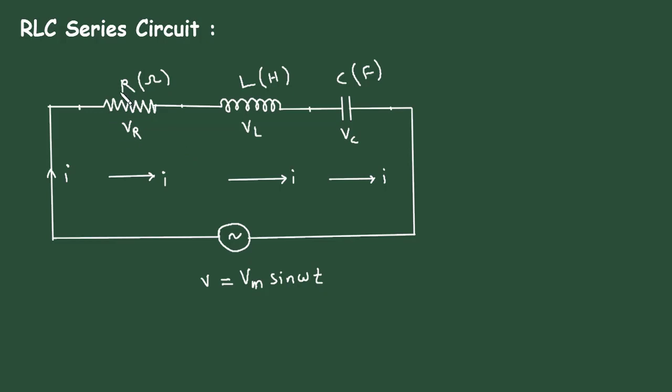For resistor, the voltage will be in phase with the current, and this voltage is VR. And here the voltage will lead the current I. So this is VL. It will lead the current I by 90 degrees. And for capacitor, the voltage will lag the current by 90 degrees. So this is VC.